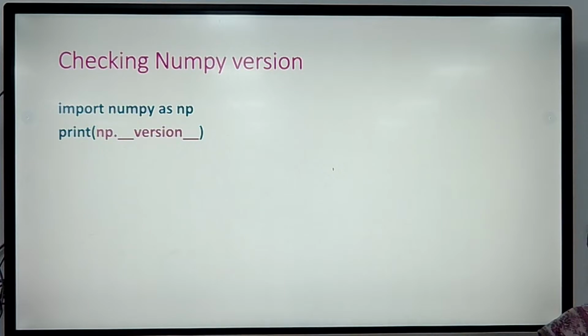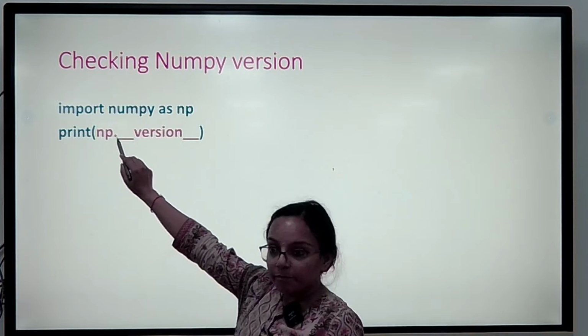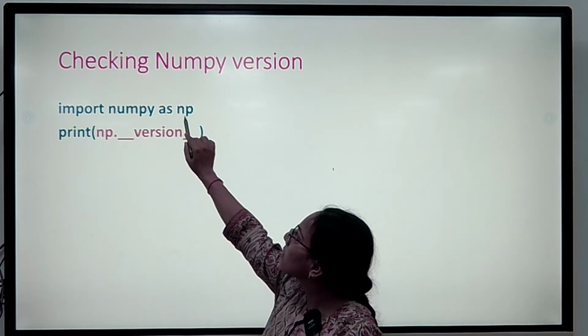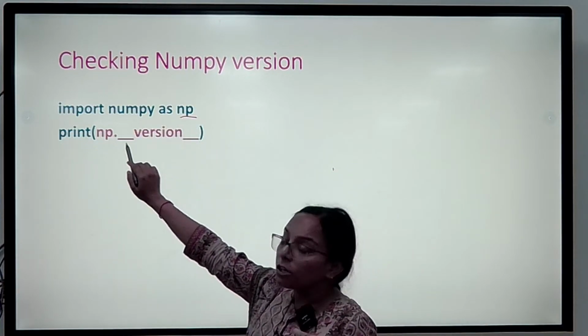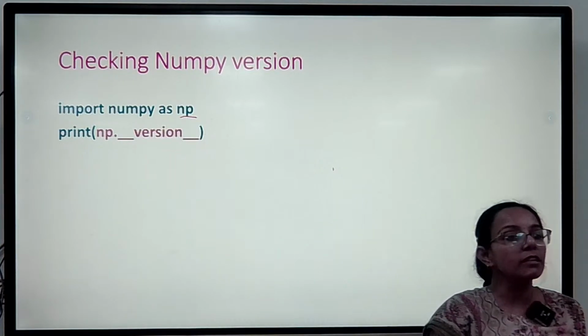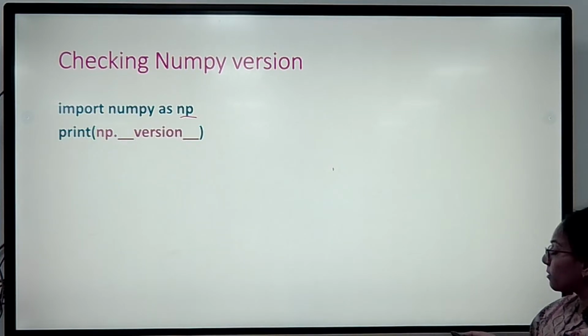If I want to check the version of the Numpy library that I have installed, I can use the function np, right? Why np I have taken? Because I have renamed it as an alias np, and dot underscore underscore version underscore underscore. This will give me the version of Numpy that we are using here.